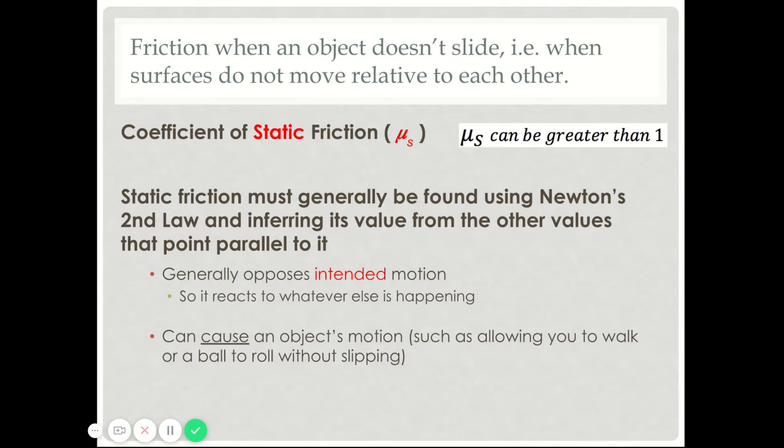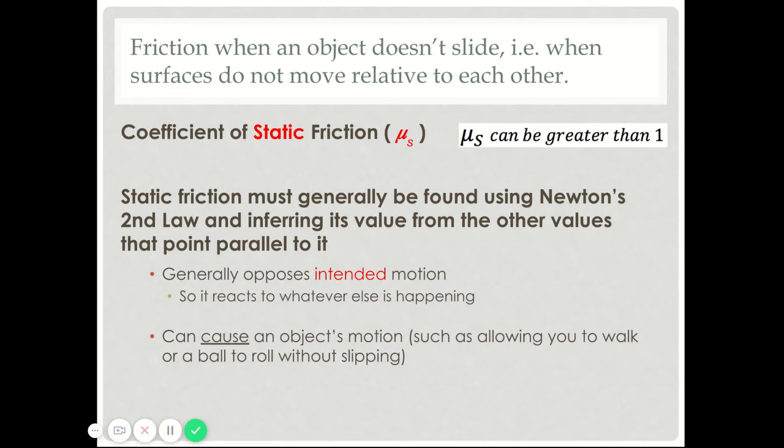You'll also find that static friction allows motion in some situations in our everyday world. For instance, you cannot walk without static friction. It's not that your feet are sliding against the floor usually, so it's not a kinetic friction idea, but the fact that your shoes do not slip against the floor means that there's static friction, and it's actually a forward pointing friction that's causing your motion.